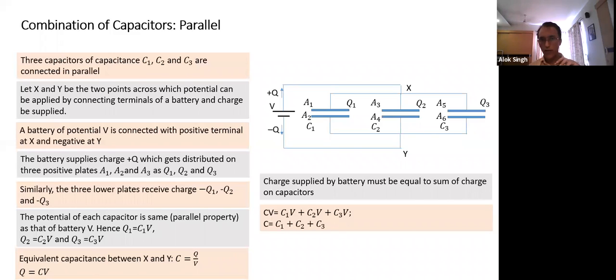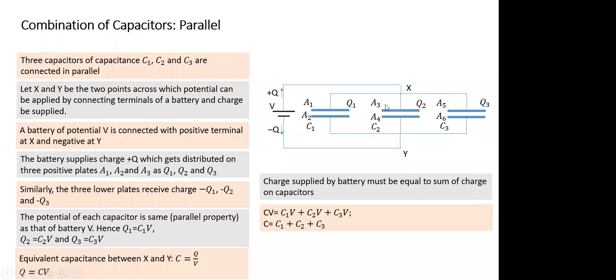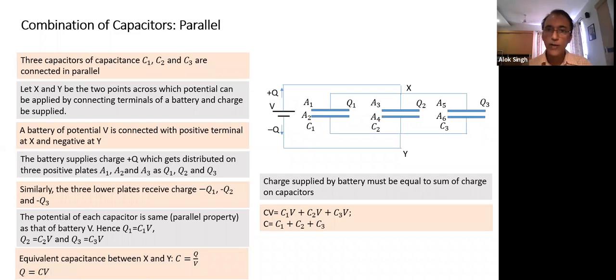See, will the potential of plate A1 be the same as the potential of plate A3 or not? Yes, sir. Why? They are connected together. So potential of A1 is equal to A3 is equal to A5, which is the same potential X. And the lower plates are also at the same potential. So whatever potential difference this capacitor has, the same potential difference this has, and the same potential difference this has.